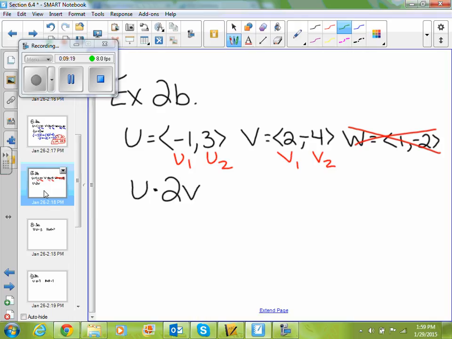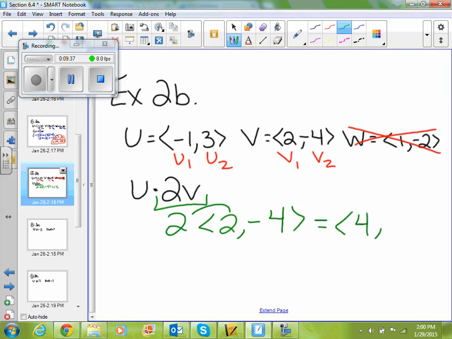Before I can find my dot product, I first have to figure out 2v. So to figure out 2v, that actually means 2 times my v vector, which is 2, negative 4. So then I end up distributing my 2, and I get the vector 4, negative 8. So 4 and negative 8 become my new v1, v2.